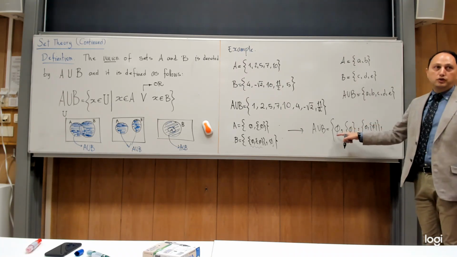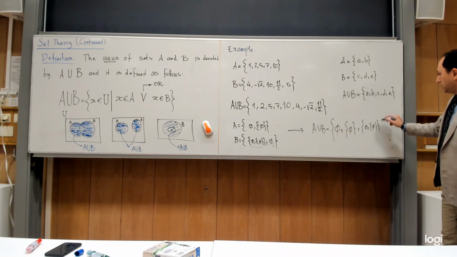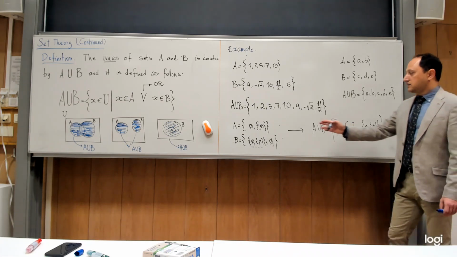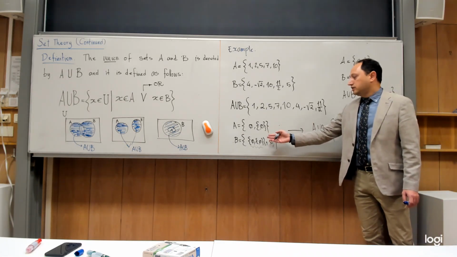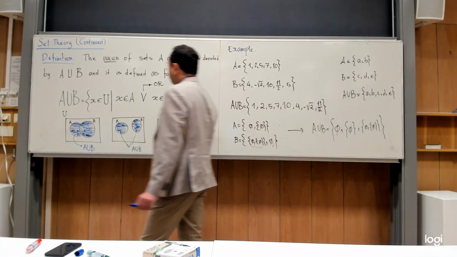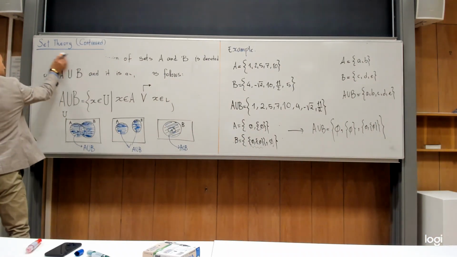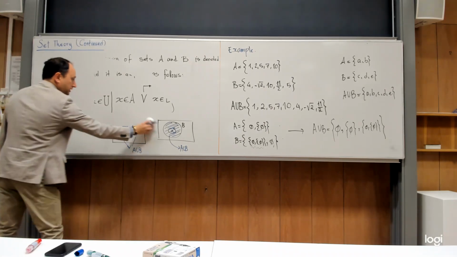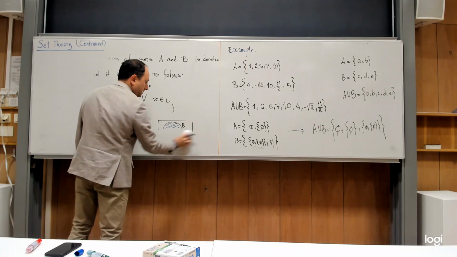No, because it's already in my list. So I will stop here. So that would be the union. So union of sets whose elements are also other sets can also be defined in a natural way. Okay, let me ask you some questions regarding the famous sets in mathematics, sets of numbers.